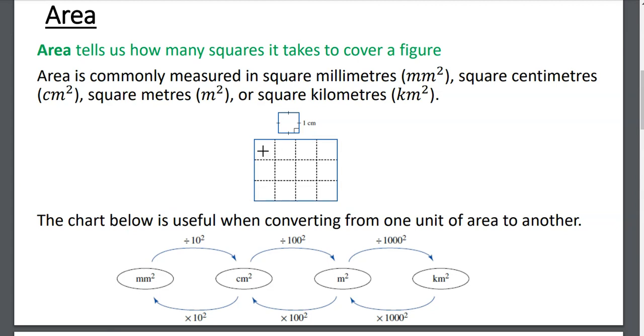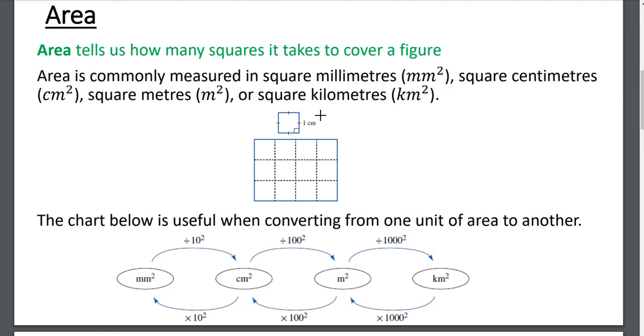Okay, well in this case we have 1, 2, 3, 4, 5, 6, 7, 8, 9, 10, 11, 12 squares, okay? So, is it just sufficient to say that the area of this rectangle is 12 squares?